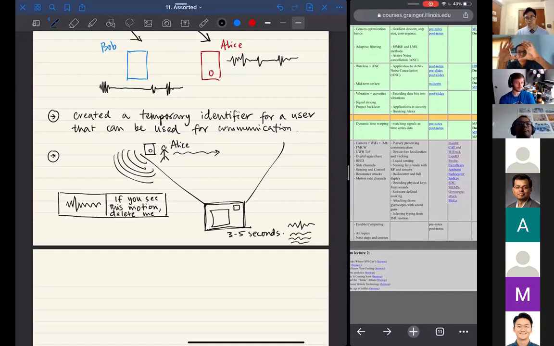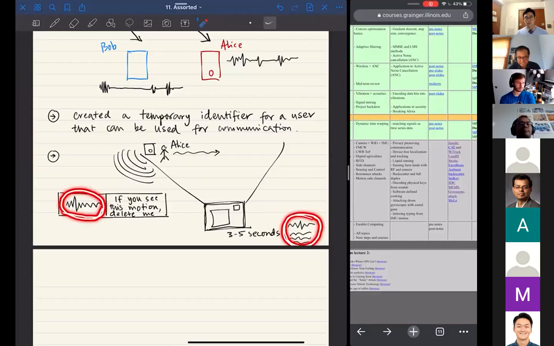Make sense? And now when you receive this message, maybe over Bluetooth, then you say, among all the people that I observed in my viewfinder, there is this one person who wants privacy.